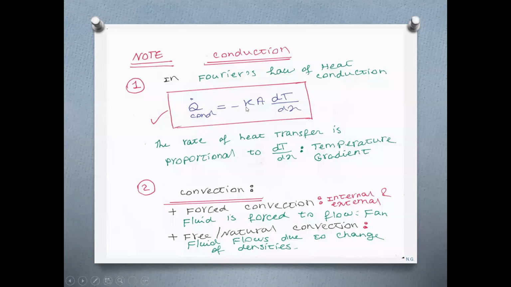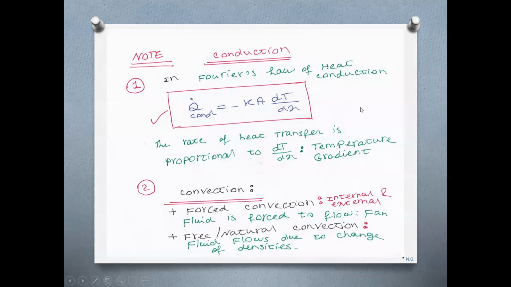So that is the conduction coefficient, K. So the rate of heat transfer, that means rate, Q dot for heat. So rate of heat transfer through conduction, the subscript shows it's conduction, can be calculated using Fourier's law of heat conduction, which is minus kA dT/dx, derivative of temperature with respect to x. So we've assumed that it is 1D, and temperature just changes in one dimension within the wall.